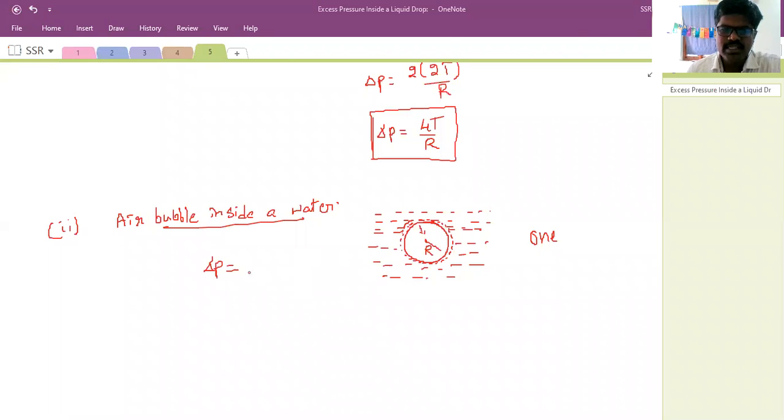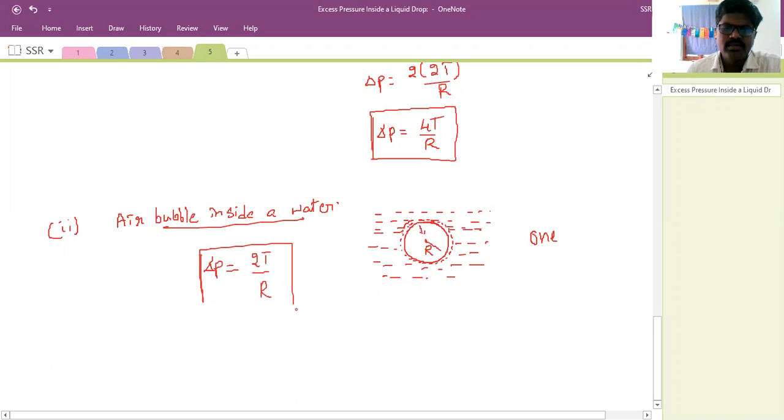One surface means it is acting like a liquid drop again. That means the excess pressure you can take as 2T by R only. That is the surface tension. Are you clear on this point? For an air bubble inside water, again the excess pressure inside the air bubble is delta P equal to 2T by R.